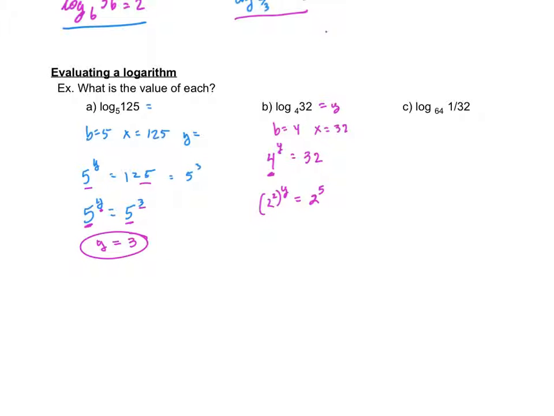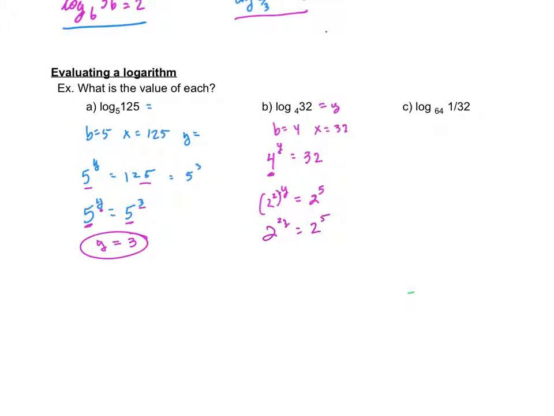And if I rewrite this using the exponent rule, a power raised to a power, we just went over that not too long ago in class. We're going to have that as 2 raised to the 2y, because we multiply, and that is 2y, equals 2 to the 5th.